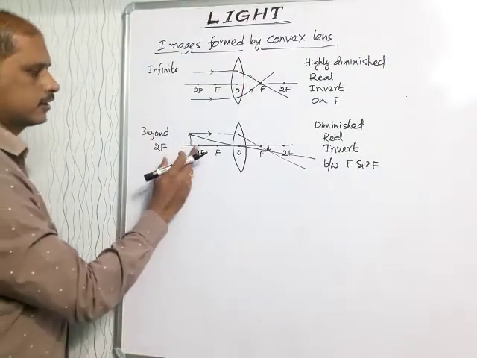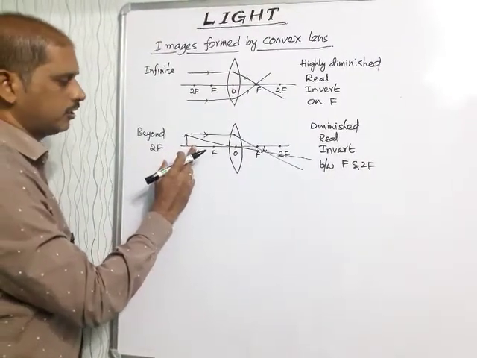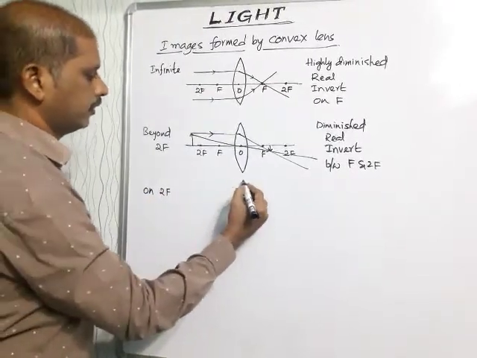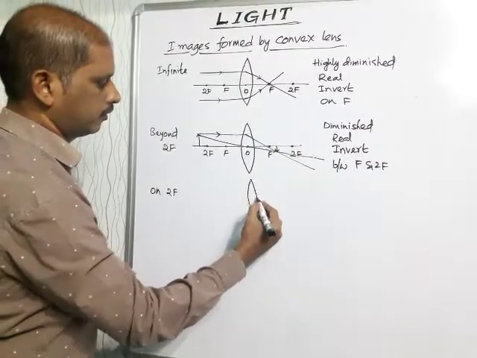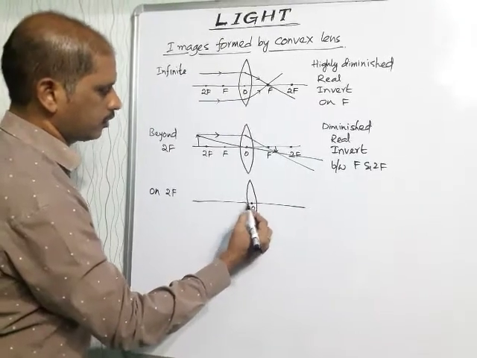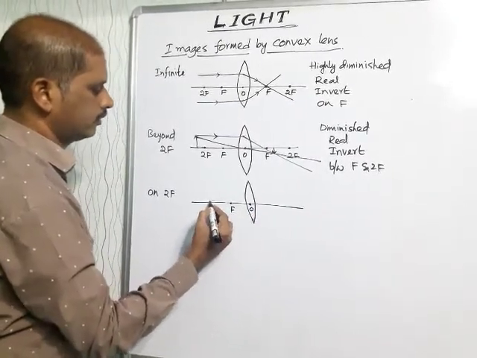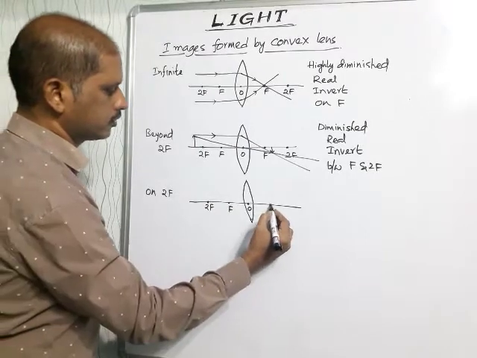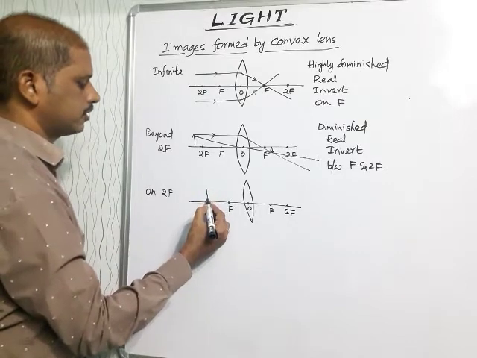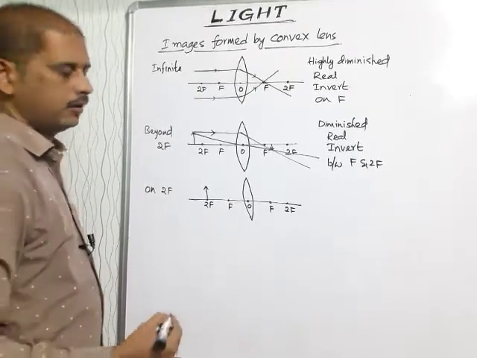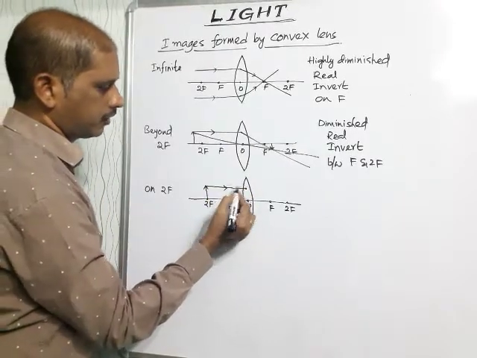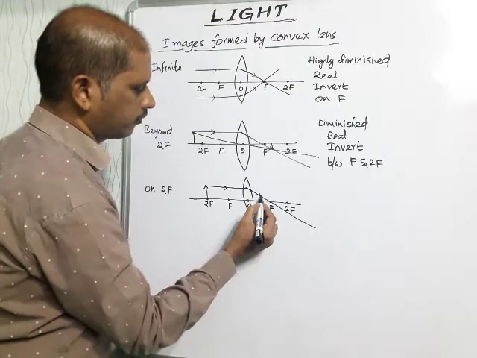The next position is where the object is kept exactly on 2f. Again I will take a convex lens. This is the principal axis, optical center, focus. This is 2f, and this is also focus, 2f. Now the object is kept exactly on 2f. One ray passing parallel to the principal axis passes through the focus after refraction.